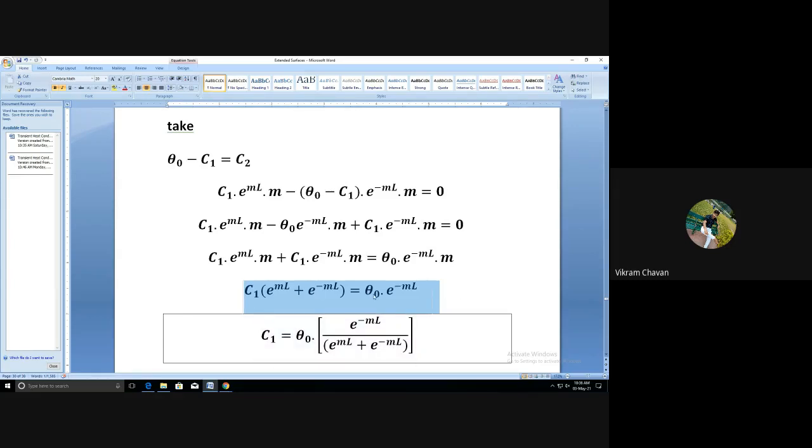And if you take the theta naught outside, you'll get C1 as theta naught in a square bracket e raised to minus mL divided by e raised to mL plus e raised to minus mL. Okay, so write down these equations. I will provide you 2 minutes.